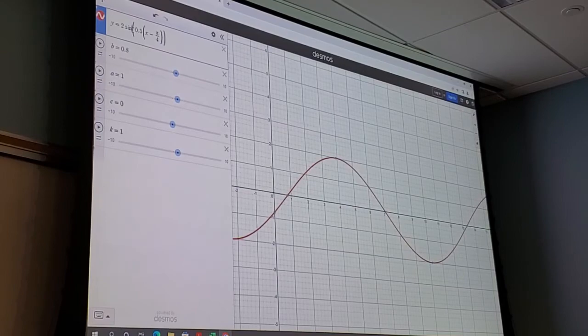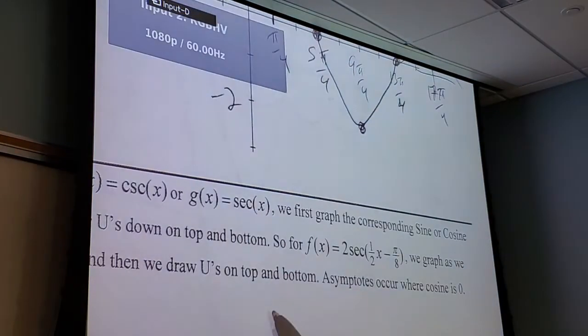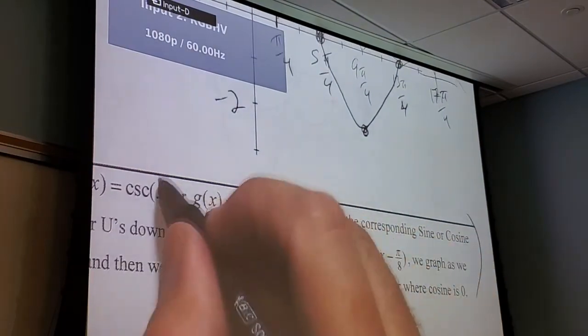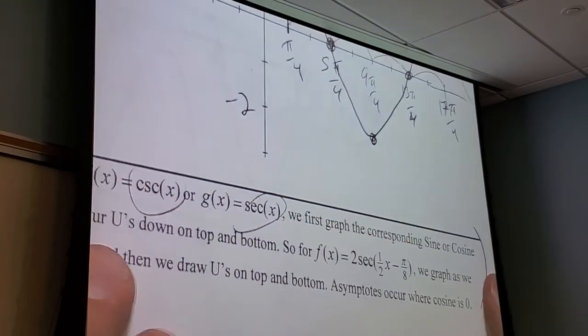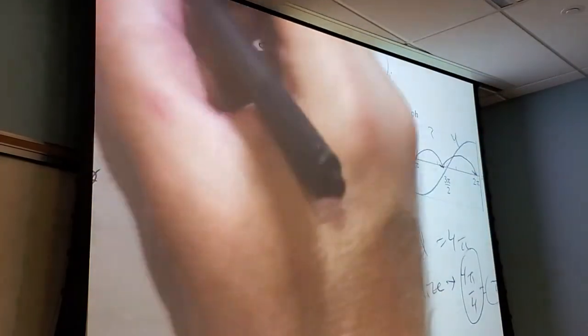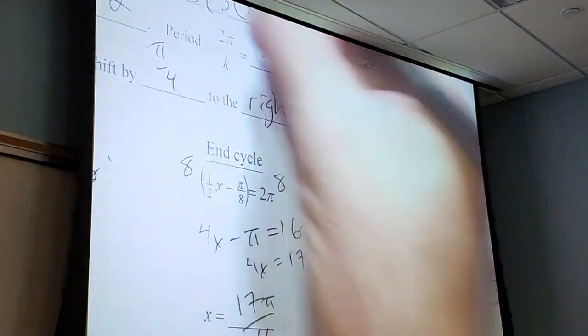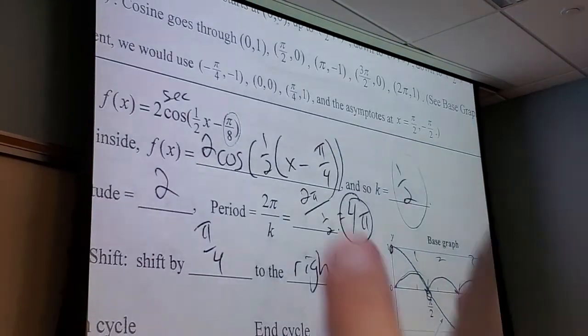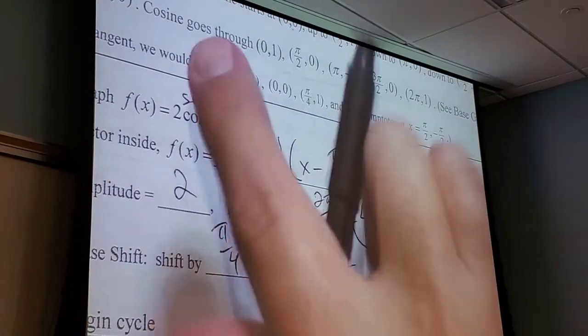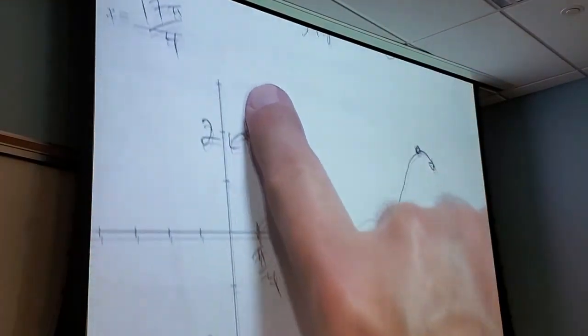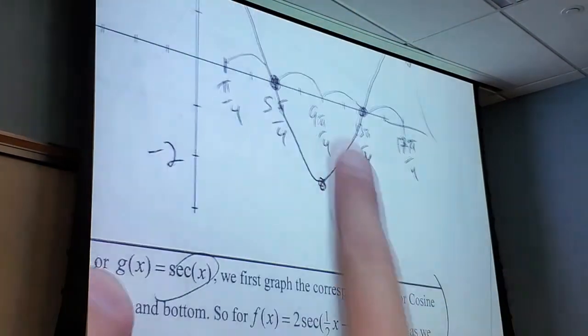Let me come back. I have a little word about it at the bottom, about cosecant and secant. If that question had said secant instead, I would have done all the same work.